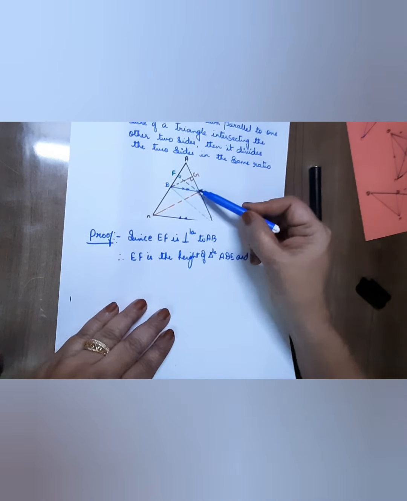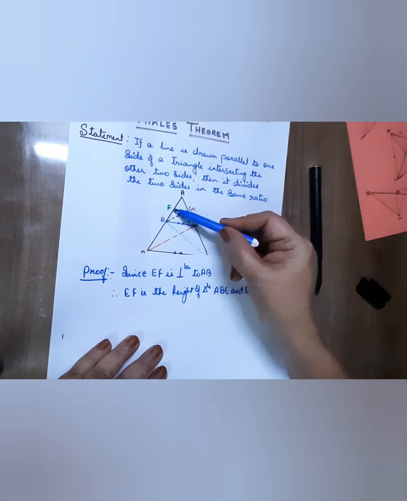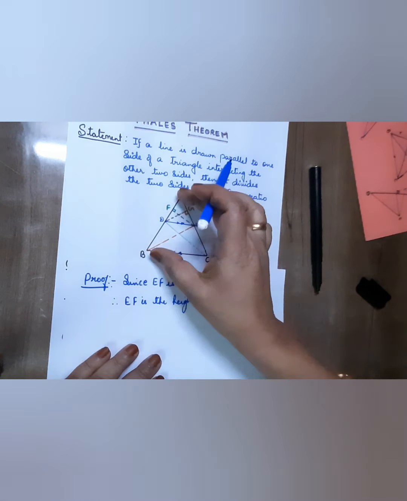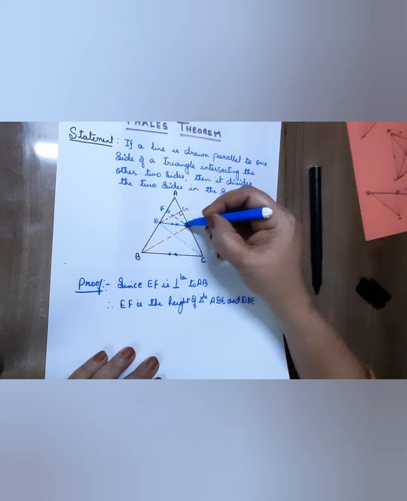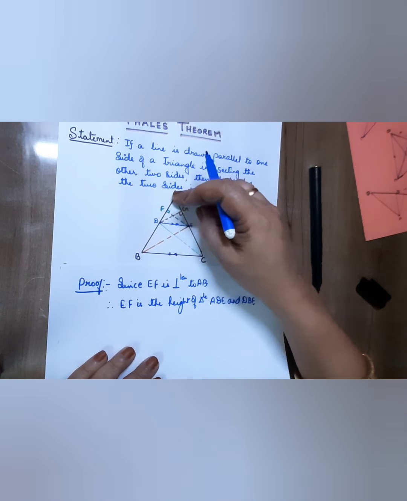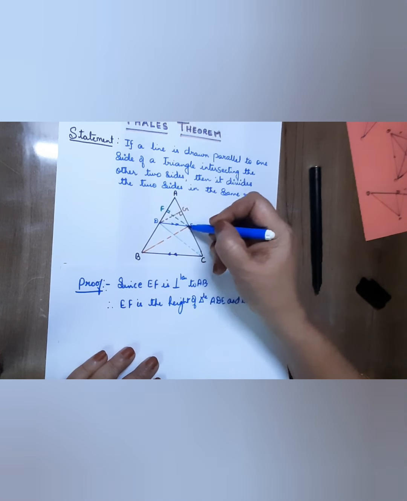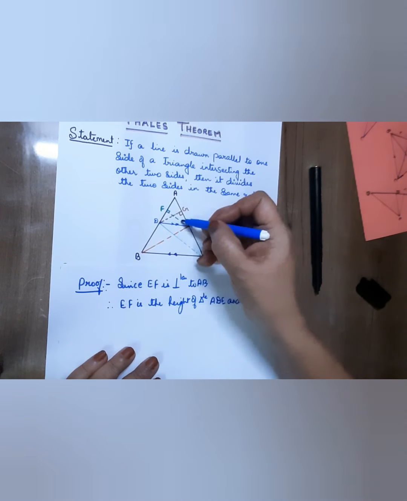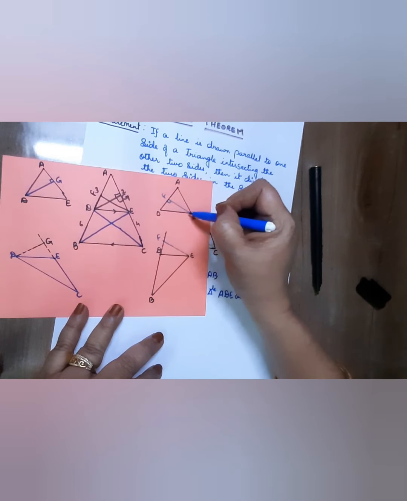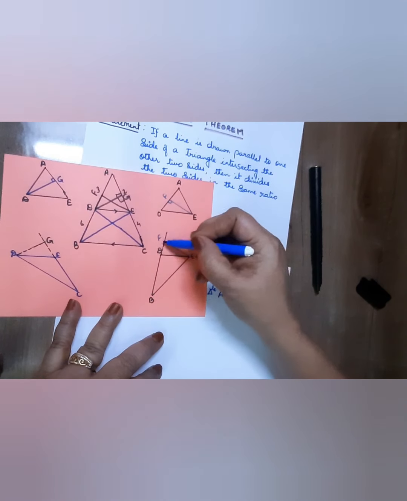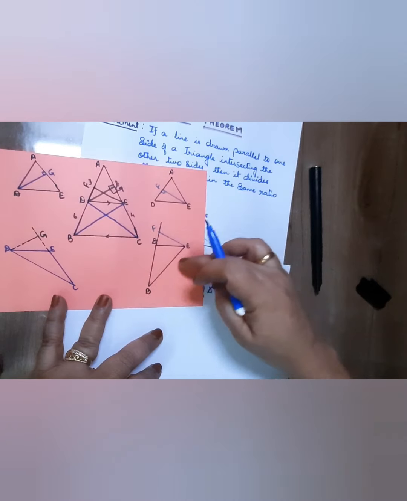Since EF is perpendicular to the full AB, EF will be the height of the acute angle triangle ABD, and it will be the height even of BDE. So EF is the altitude of ADE, and EF is also the altitude of BDE.